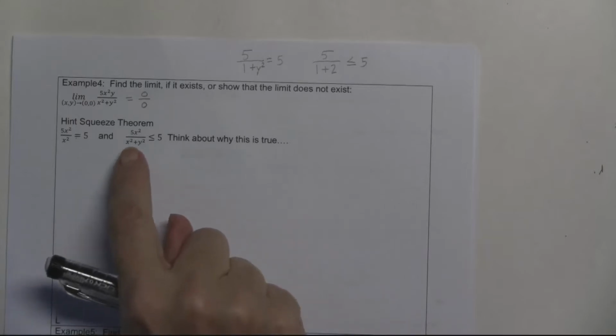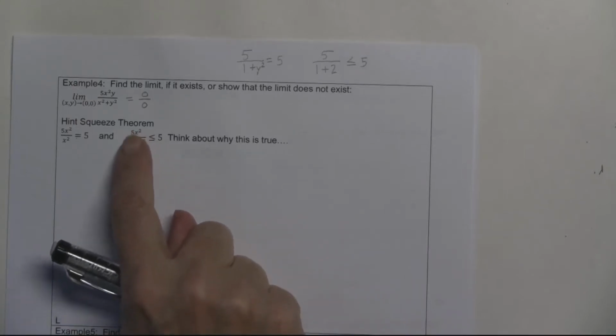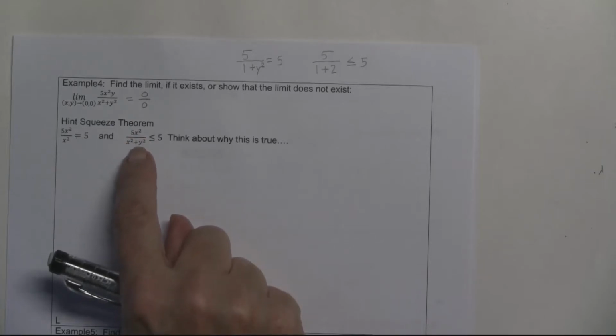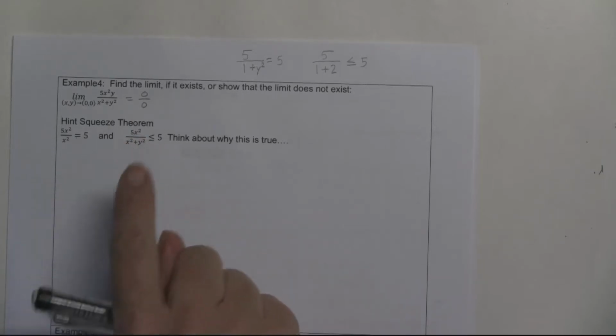Now, one other thing about this. Would you guys agree, by inspection, that for 5x squared divided by x squared plus y squared, for all values of y, we can ask what is the lowest that could be? Well, I'll ask you this: if you're not sure, could it be negative?